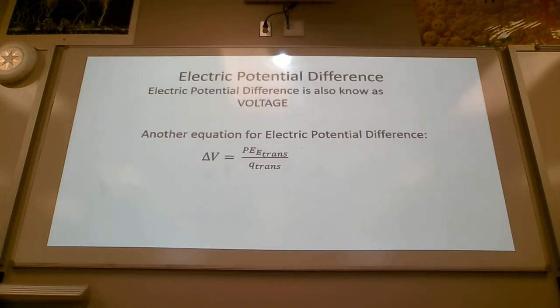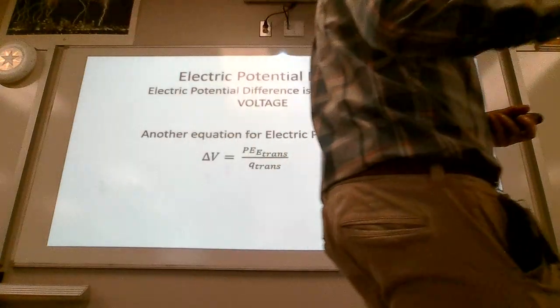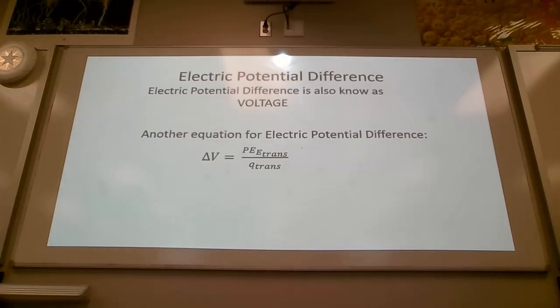All right. So, why do I care about dots and electron crowdedness? This electric potential difference, this concept, is the single most important concept for this chapter, next chapter, and the chapter after that.